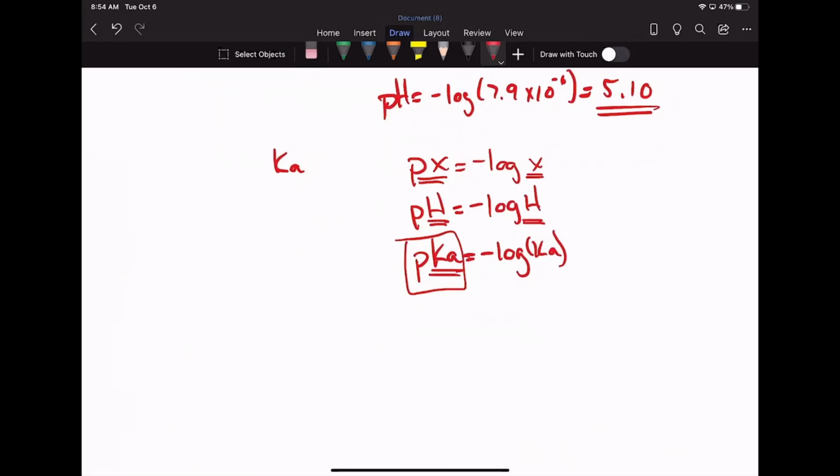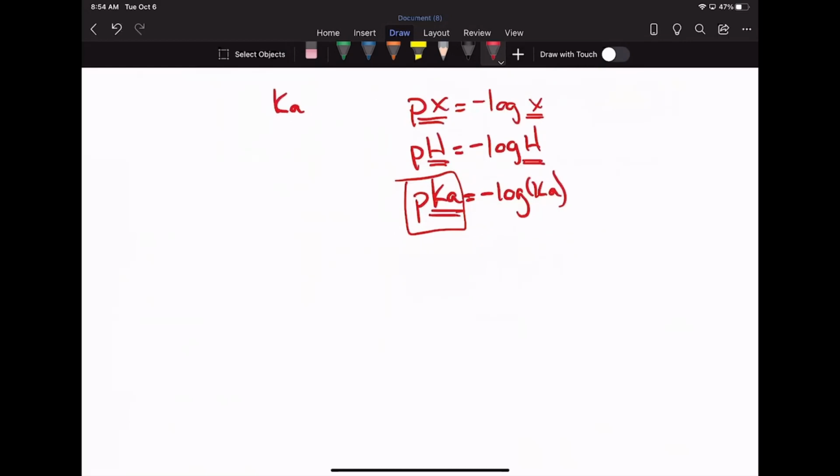So the pKa, and let me give you some values here, just to get some better understanding.